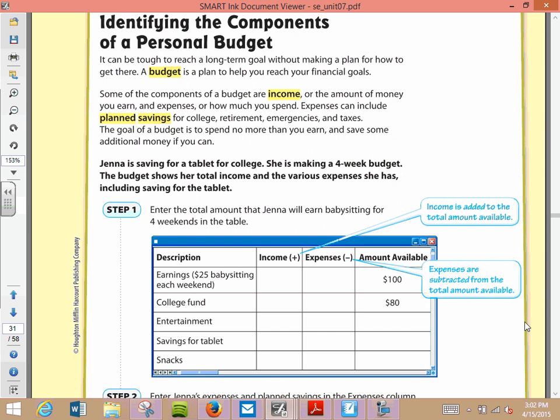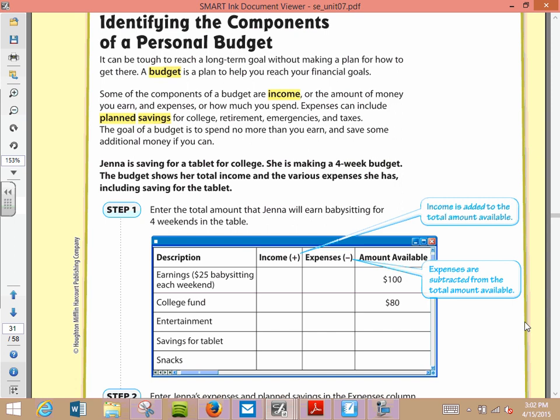Budget. What do you know about budget? Yes. Raise your hand. Okay. Limit. Yes.